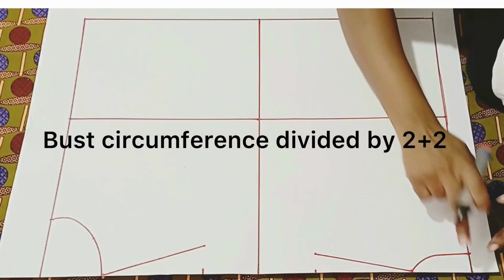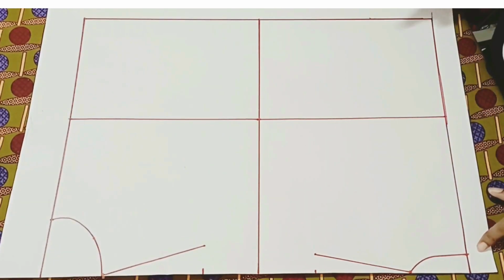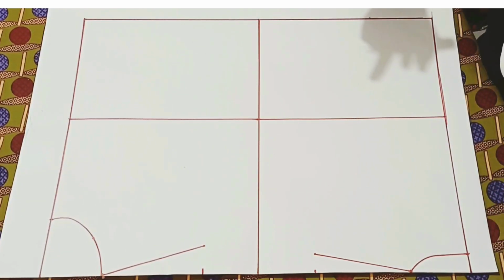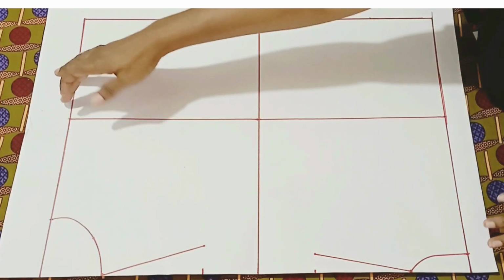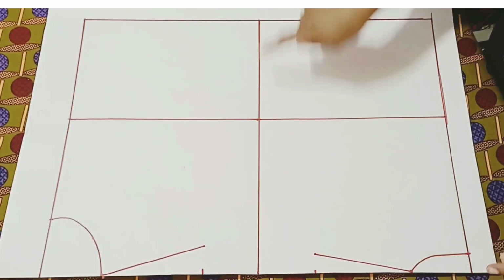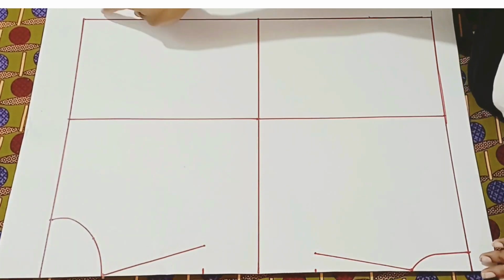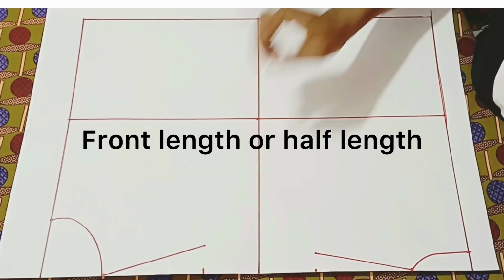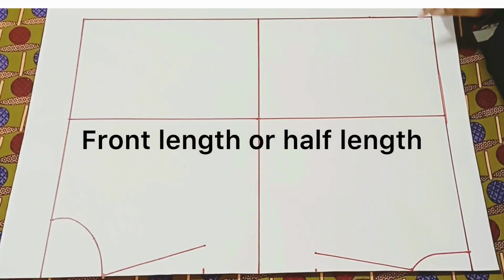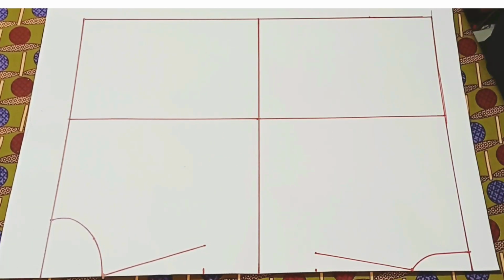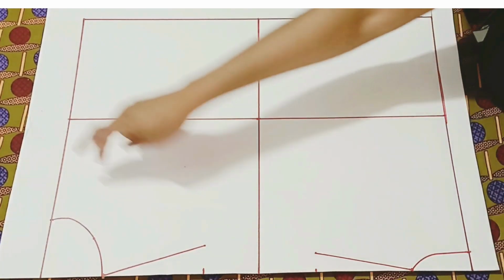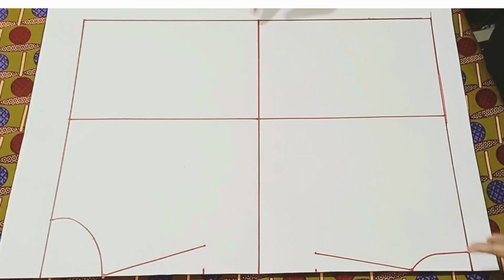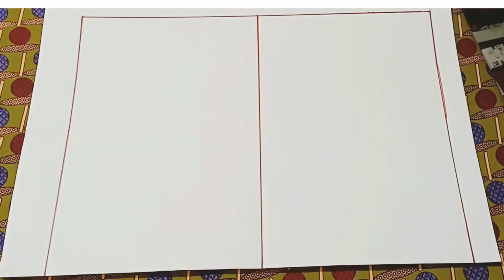To get the length of this block, it is your front length or your half length, for this and this as well. When you get this line, you divide what you have here to get the center line.